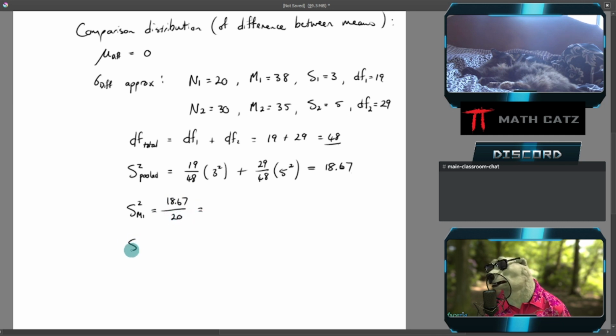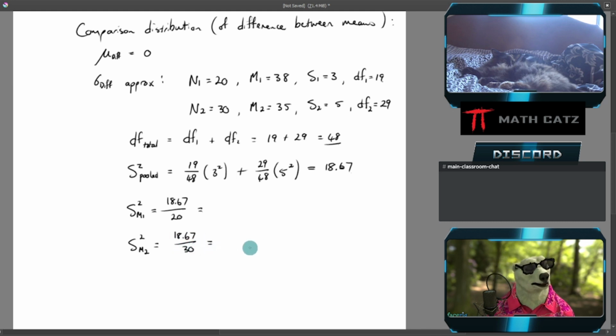And I'll just write the other one as well. The variance estimate for the distribution of means for that population according to the sample size, I take the pooled variance estimate and divide by the sample size.